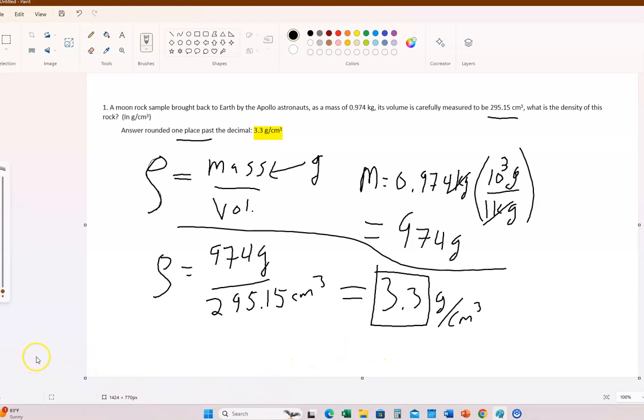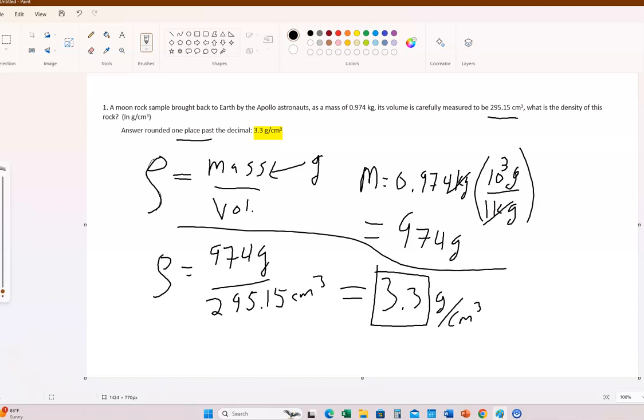It averages out to be 3.3. Just like, for example, the Earth has a density of 5.5 grams per cubic centimeter. There's stuff in the Earth that's more dense than that, and there's stuff that is less dense than that, like liquid water, for example. But it averages out to 5.5.